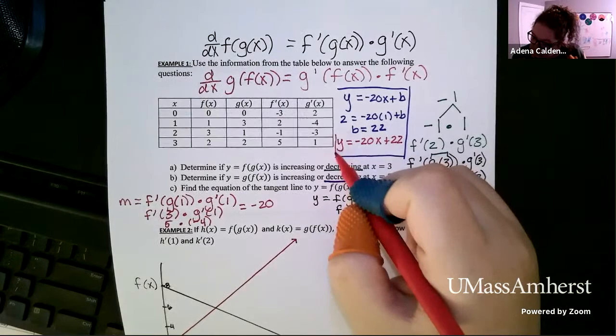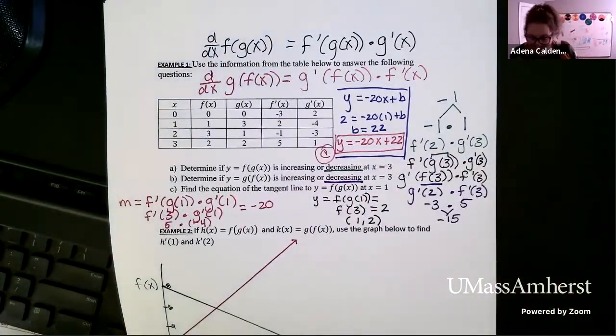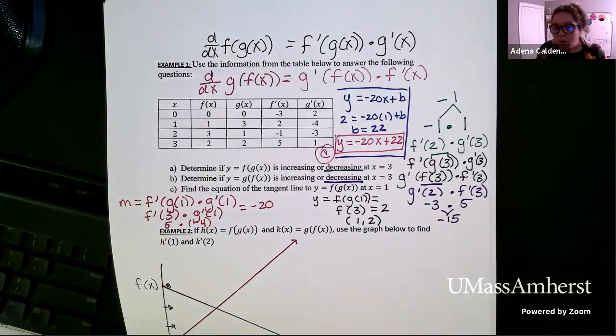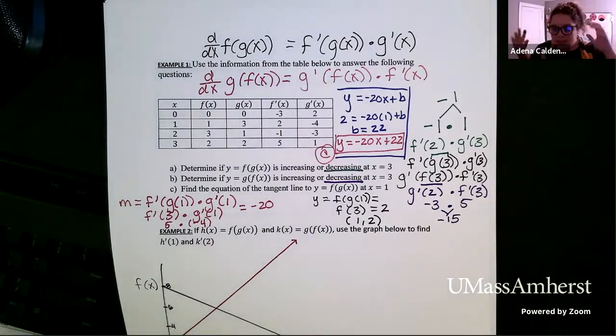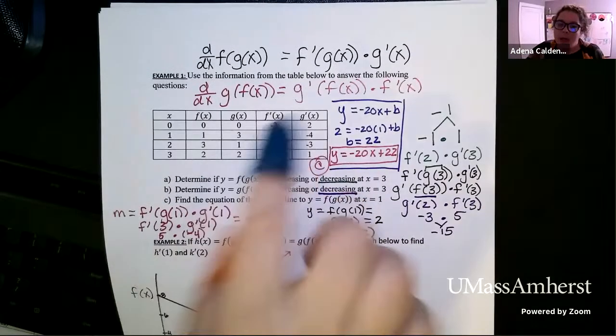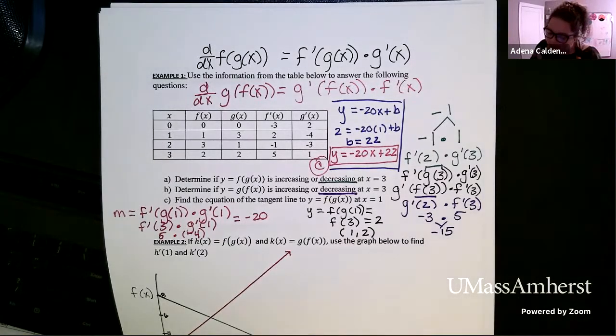So that is the equation of my tangent line for part C. So this is all really conceptual right up front, where we're trying to take this generic formula and apply it to what we know about composite functions, what we know about derivatives, increasing, decreasing, equation of the tangent line. But the idea is that as we add in these new things, we have to always connect it back to the things we've already learned, because anything we've already learned still applies to what we're doing here.